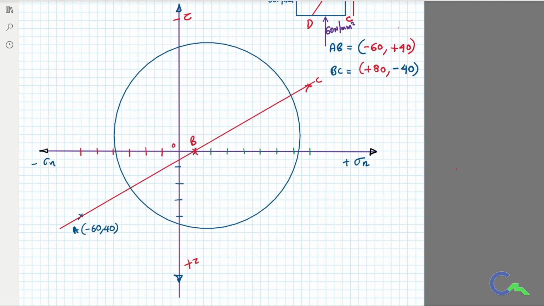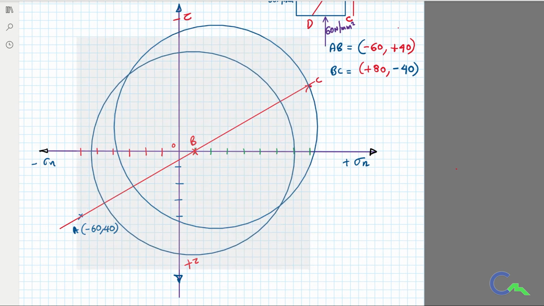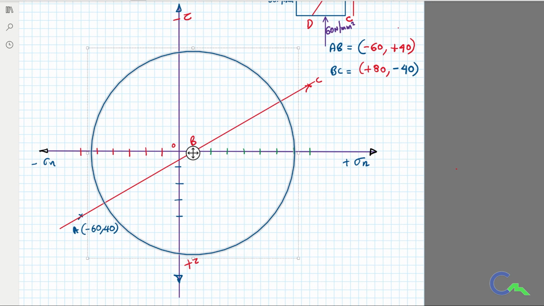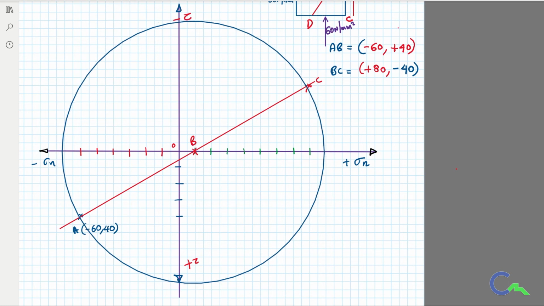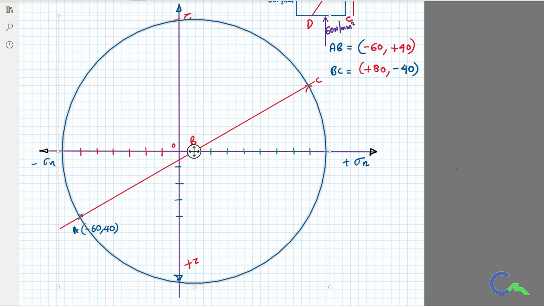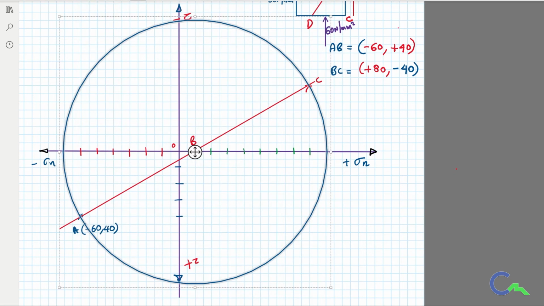My Mohr circle should pass between C and A. So like this you have to draw. This is my Mohr circle which is passing through A and C. So by taking B as the center, we have to draw the Mohr circle.